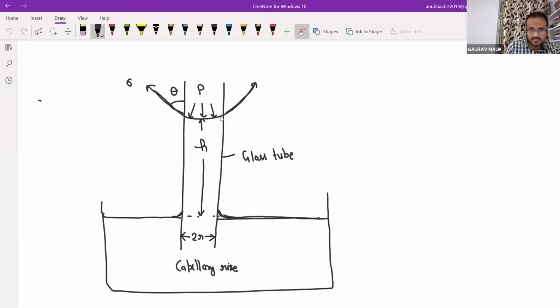And this third surface is known as meniscus. And its weight W will act like this.